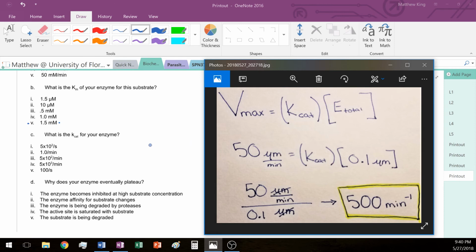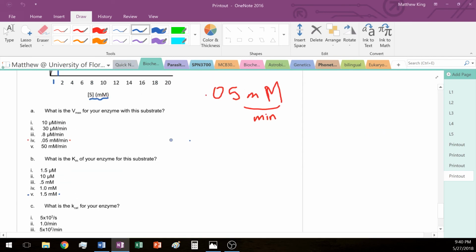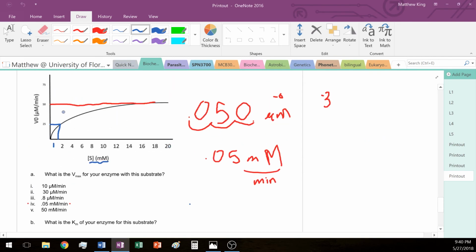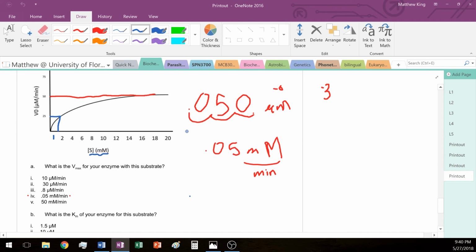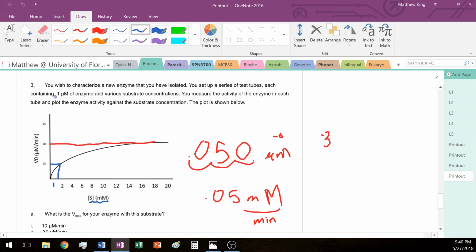So we know that our Vmax, and I'll just come back to here real quick, this is freezing a little bit. We know that our Vmax is 50 micromolars, keep that in mind. And we also needed to know our total enzyme concentration. That's not in the graph, but it is in the questionnaire here. It's 0.1 micromolars.